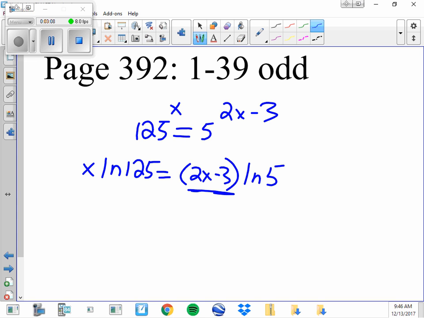You probably want to divide by the ln of 5. So ln of 5 over here, that cancels. ln of 5 over here. Now, this is just a number. So let's figure out what that number is.